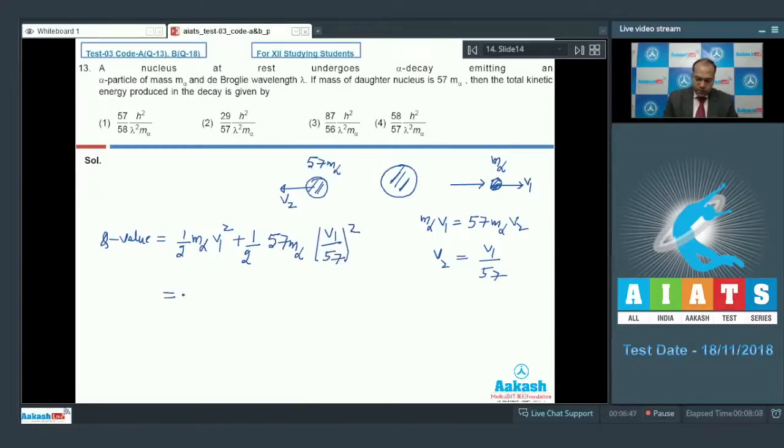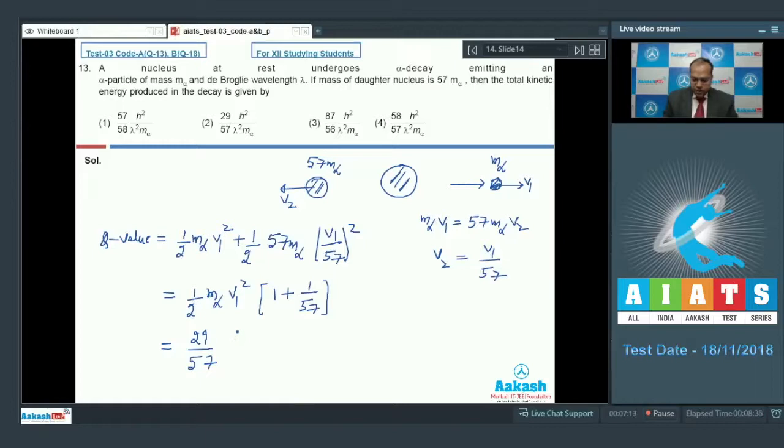If I solve this, it comes out to be half m alpha into v1 square into 1 plus 1 by 57. So it comes out to be 58 by 57 divided by 2, so it is 29 divided by 57 into m alpha.